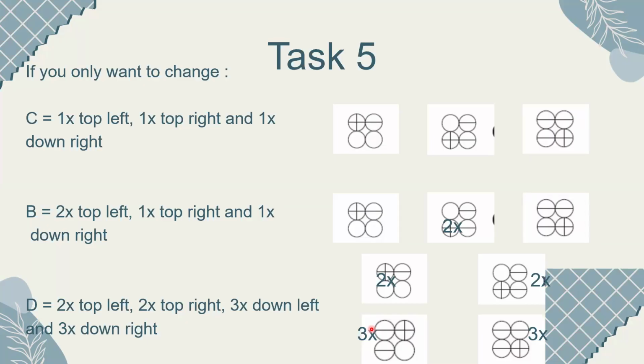No, D doesn't change, but B is +2 and C is -2. And you press the top right button twice. For D is -2, for C is -2, and for A is +2.